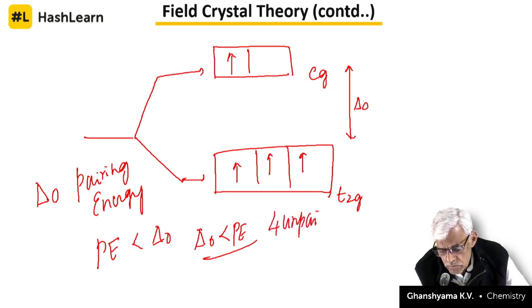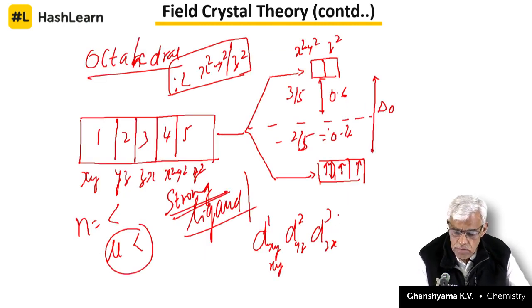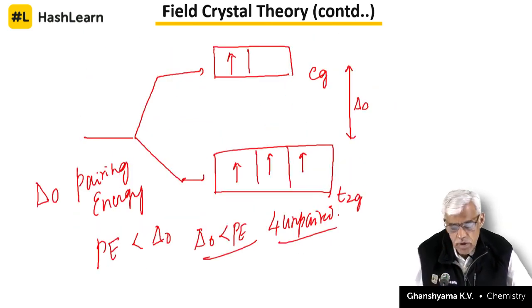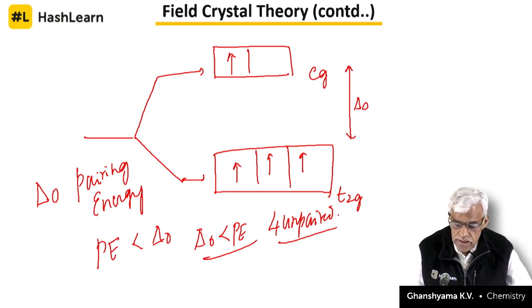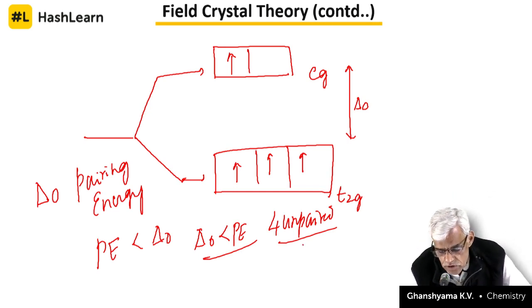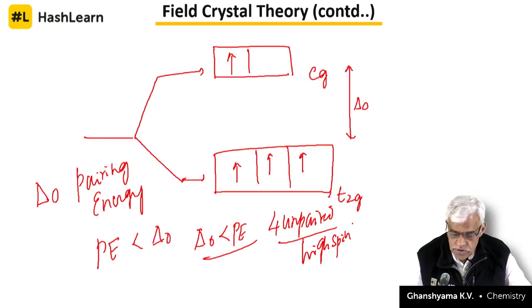See here, when pairing takes place, the number of unpaired electrons decreases. When it is excited and goes to the eg level, the number of unpaired electrons increases. This is called a low spin complex. This is called a high spin complex.